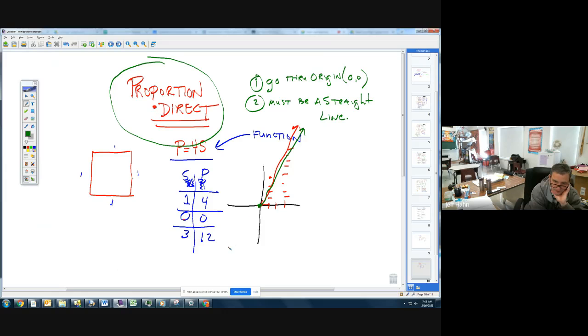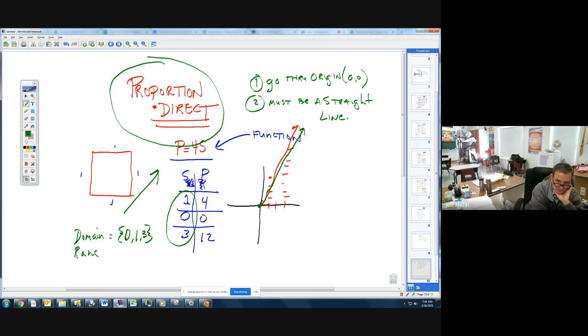Now, if I were to ask you, going back to what we talked about, what the domain of this function is, okay, it's a set of numbers. And remember, we said domain were the input numbers. So the domain is right there. Let's do it in order. It's 0, 1, and 3. That is my domain. And what is my range?